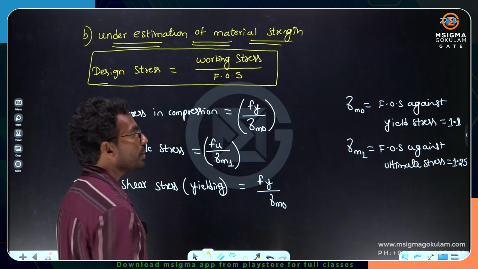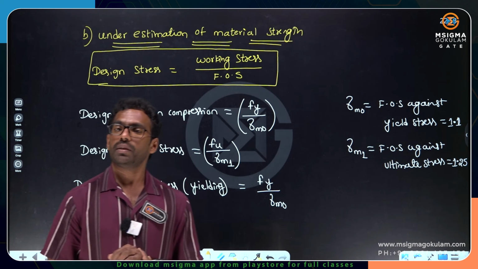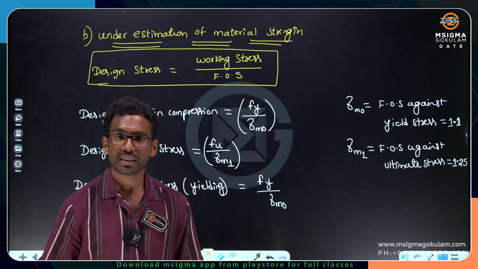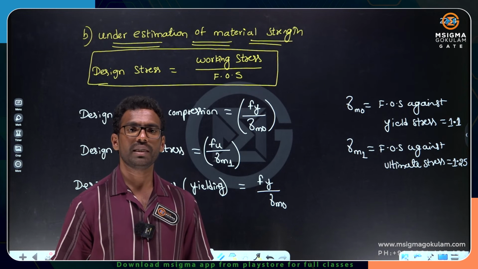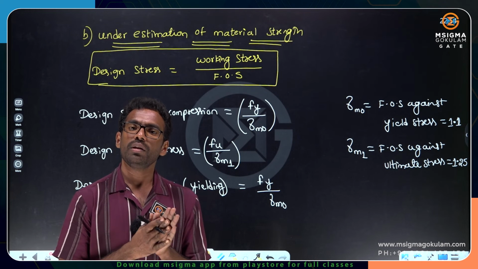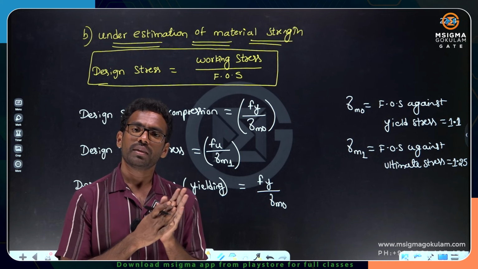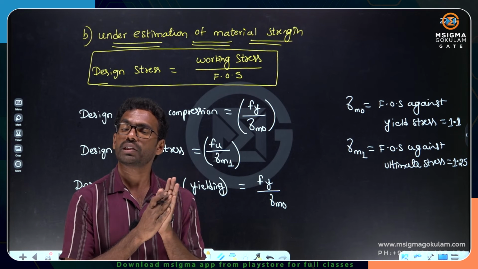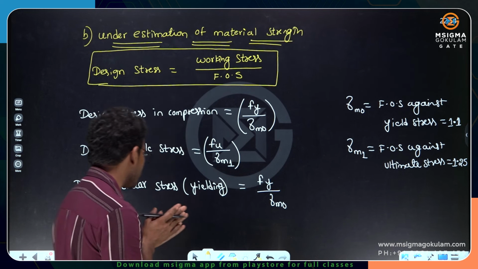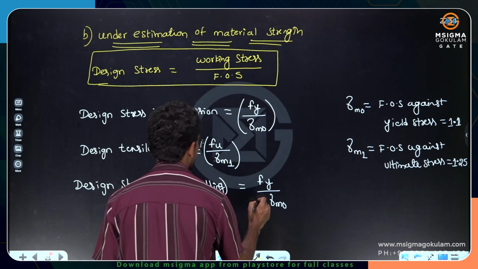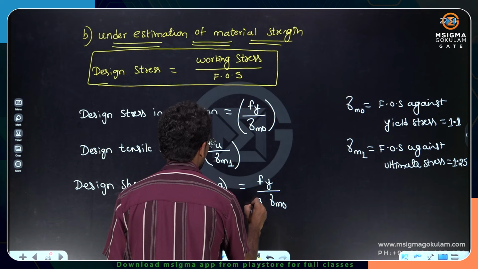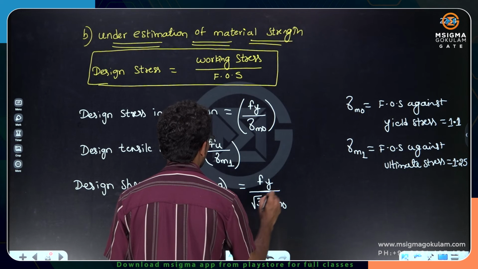My dear friends, I told you already, try to understand that steel is weak in shear. Because steel is weak in shear, we will be using an additional factor of safety. The additional factor of safety for shear is root 3, which is the additional factor of safety recommended by Indian Standard.